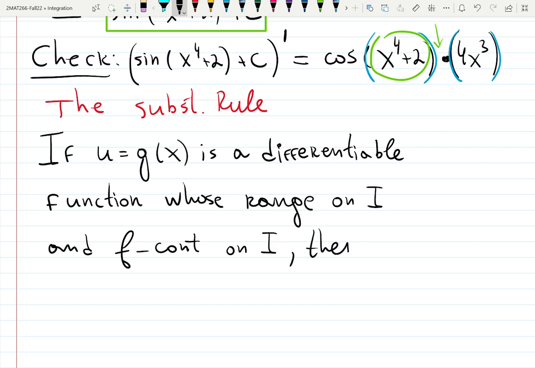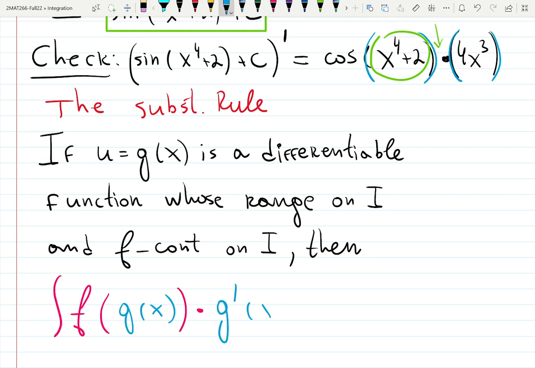Then u substitution looks like so. There's an integral and there's a function f which has a function g of x nested inside, not nasty, nested, like nesting dolls, Russian dolls. It's multiplied by the derivative, g prime of x dx.